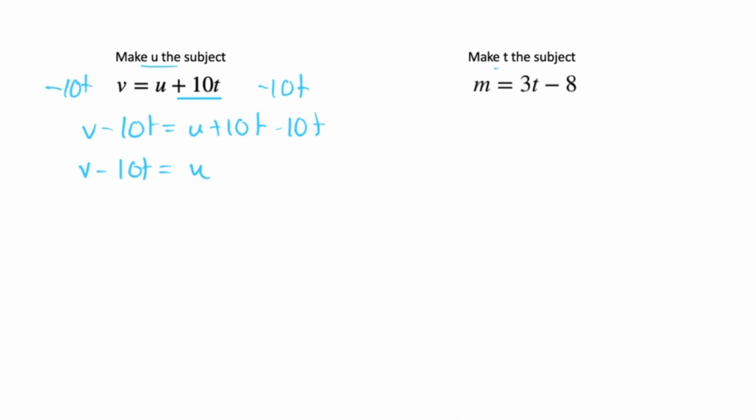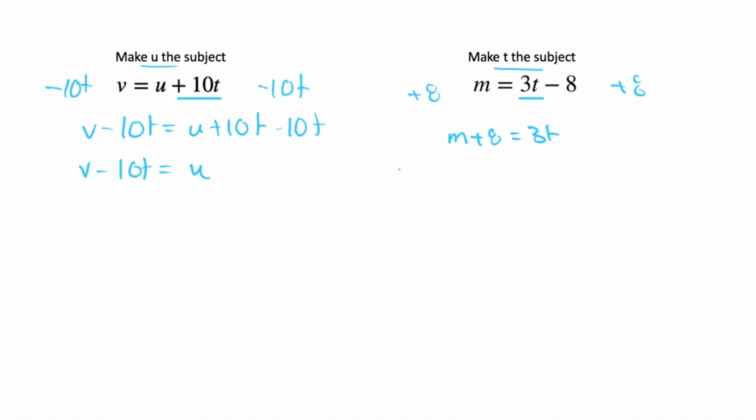Now for this one, make t the subject. The t term has a 3, so we need to not only get rid of the -8, but also the 3. First of all, you add 8 to both sides. Then it becomes m plus 8 equals 3t plus 0, since minus 8 plus 8 is 0.